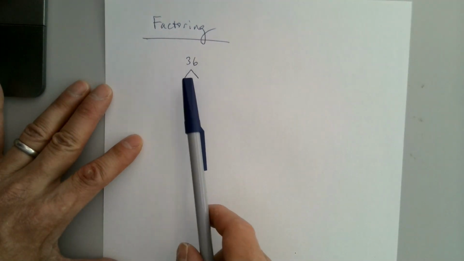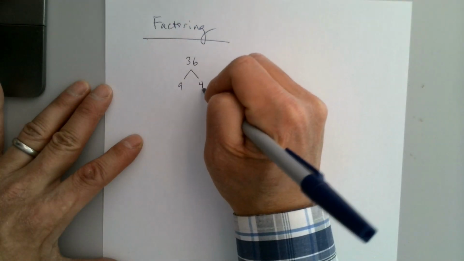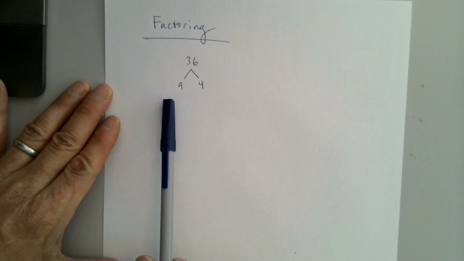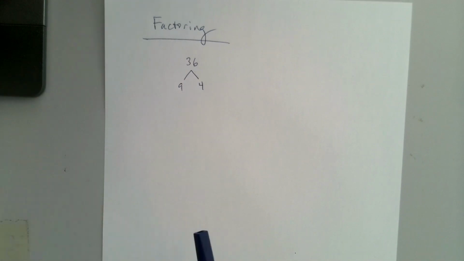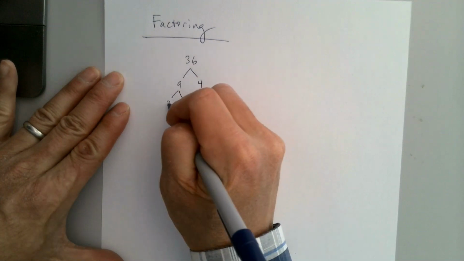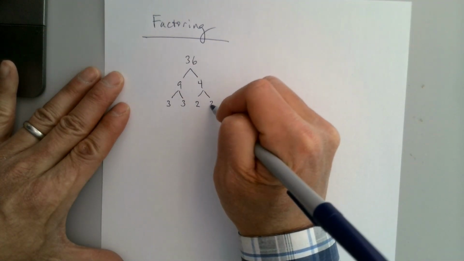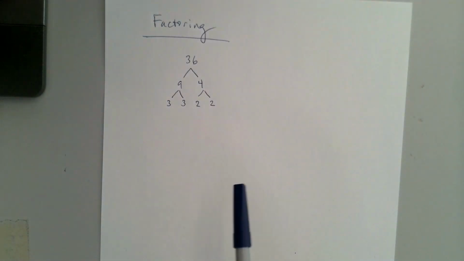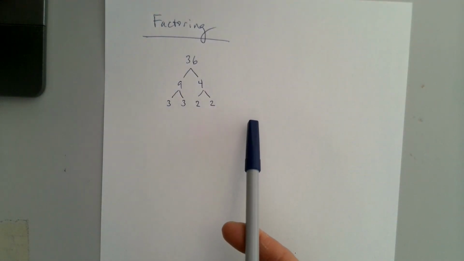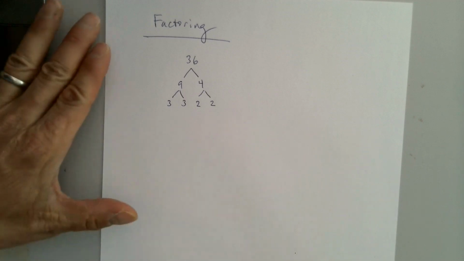You think of two numbers that multiply to 36, like 9 and 4, and then you look at 9 and 4 individually and see if they can be factored any further. 9 is 3 times 3, and 4 is 2 times 2, and once you reach prime numbers in all of these branches, you're done with the factoring process.